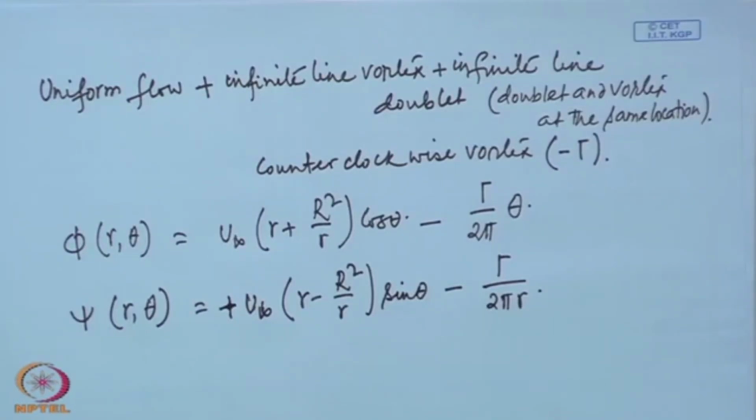What are the velocity components? A point doublet gives only tangential velocity, it gives circular streamline. A point vortex alone gives only circular streamline and only the tangential component of velocity. So the radial velocity component remains unchanged, whatever it was.